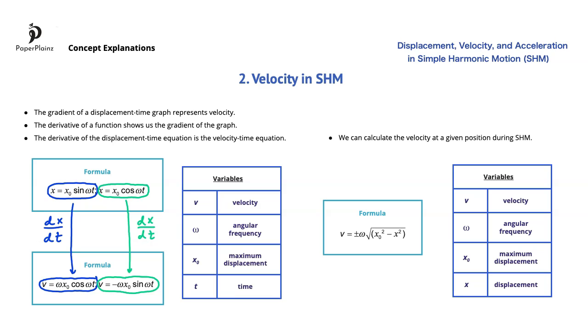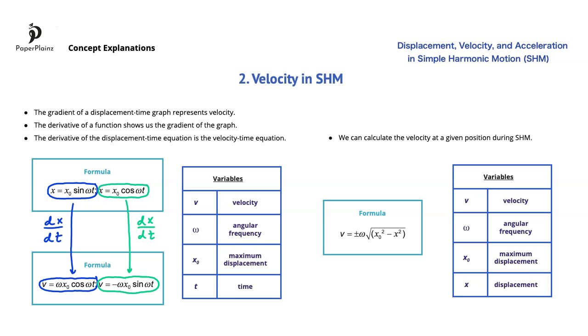Depending on the problem that you're solving, you will choose either the positive or the negative sign in your final answer. To make the correct choice, you will need to analyze the given situation, which can include the graph or graphs given in the question, and then decide whether the velocity in the given position is positive or negative.